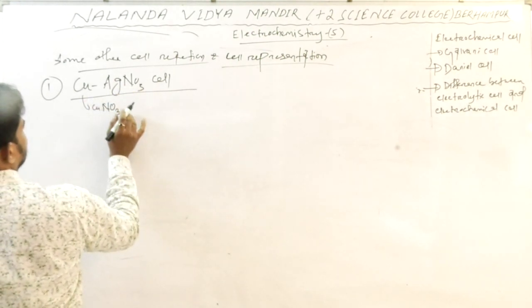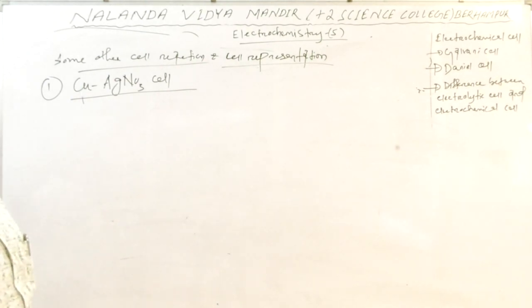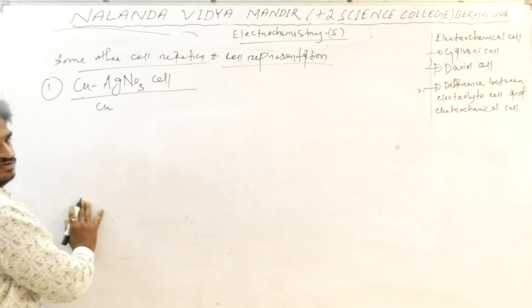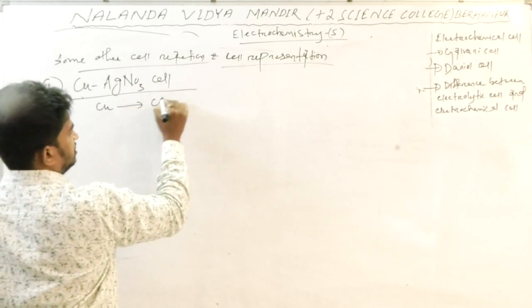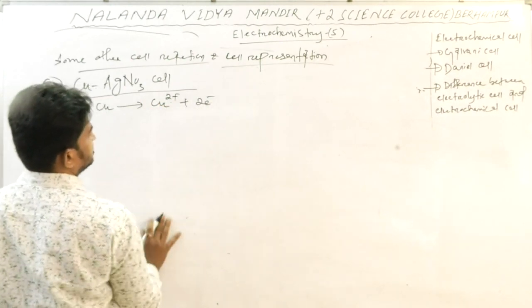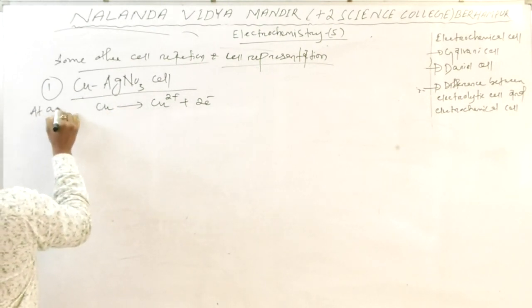So here the highly reactive metal, that is the copper rod, will show oxidation and is considered the anode. So copper shows oxidation by losing 2 electrons, giving copper 2 plus along with 2 electrons, and this reaction occurs at the anode.